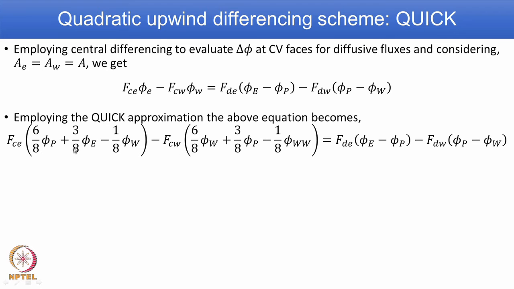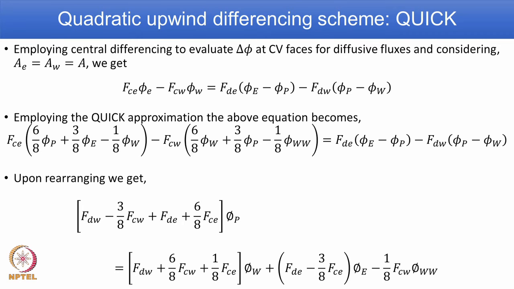Once again, in this expression phi P is the node of interest, and that term appears in all the terms here. As we did before, we collect all these coefficients multiplying phi P, which is the node of interest or unknown, and put them on the left side. All other quantities are supposed to be known and we take them to the right side. Once you do that kind of rearrangement, you get the final equation as shown here.